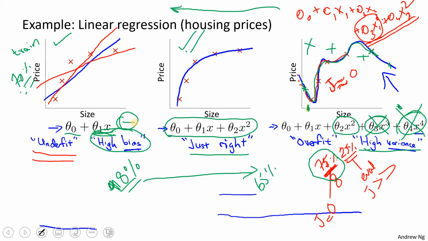You get your best answer, and this is not only for regression, this is the same story that also comes for classification problems. So remember, the most important point is this just right option.